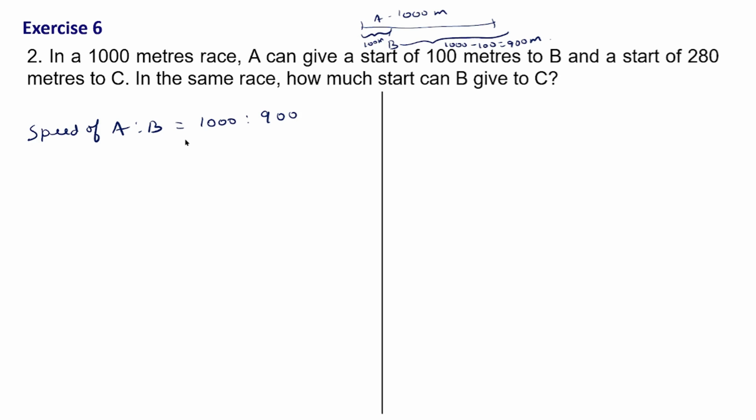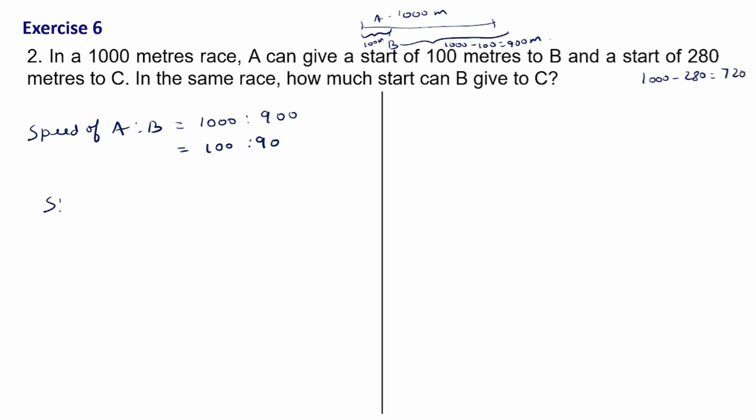So here let us write it as 100 is to 90, because we need to have the ratio of A is to B is to C. The next information which is given is A can give a start of 280 meters to C. So the meaning is that when A has to run 1000 meters, C has to run only 1000 minus 280 meters, which is 720.